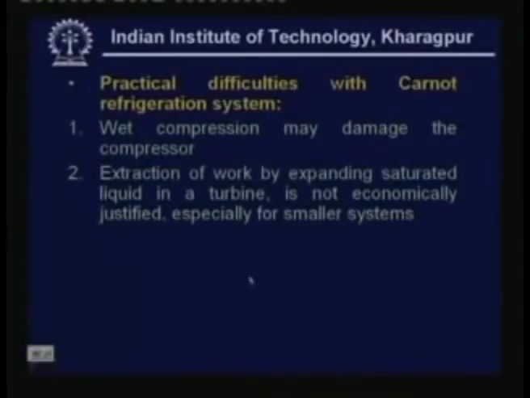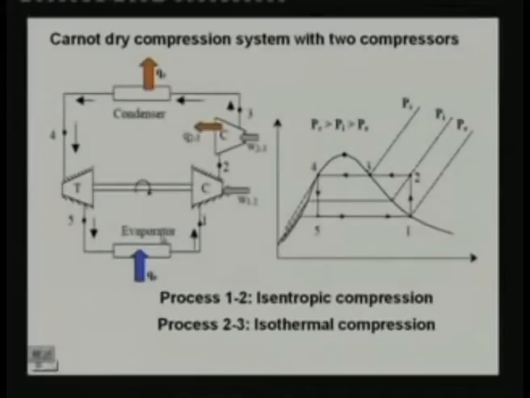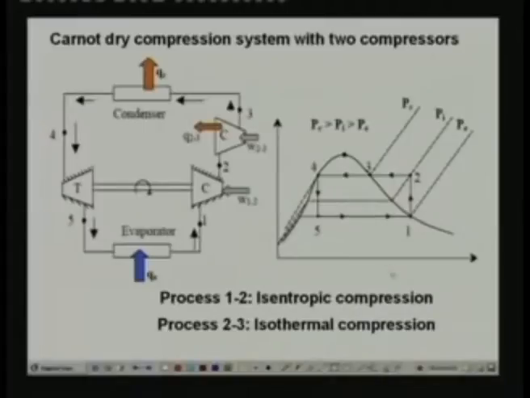Of course, the first difficulty, that is the wet compression, can be eliminated by using two compressors. Let me show what is the meaning of that. For example, you can look at the cycle here on the T-S diagram. Wet compression was something like this. The wet compression can be eliminated if you move from this point to the saturated point 1. Then the wet compression is avoided.